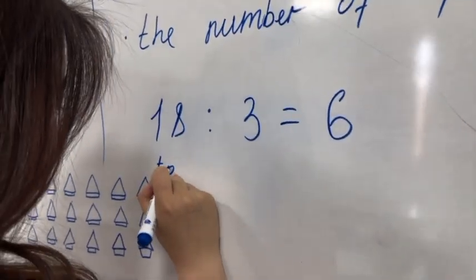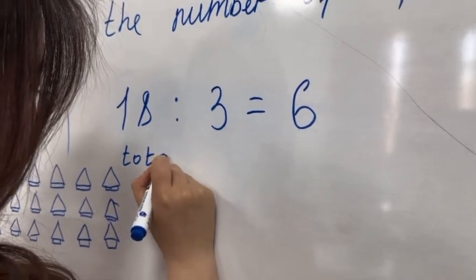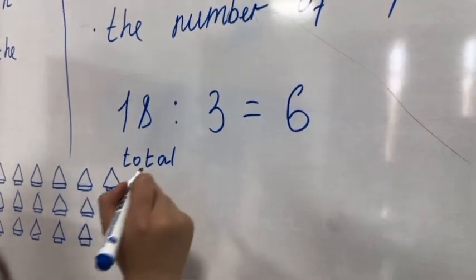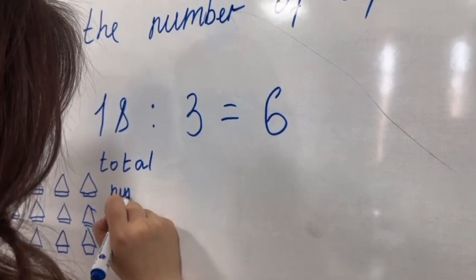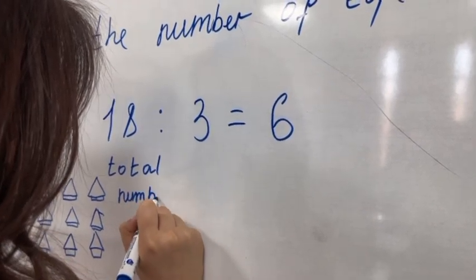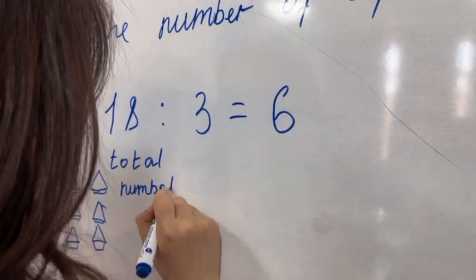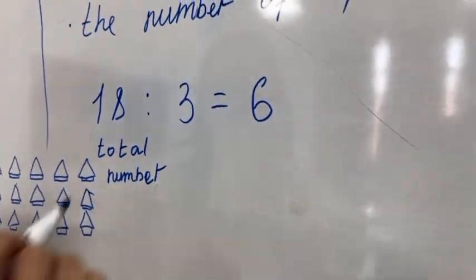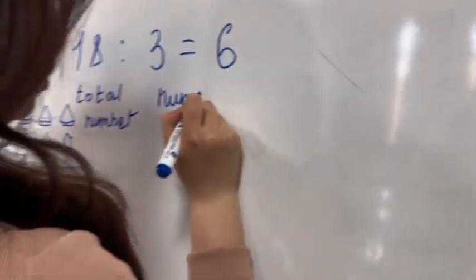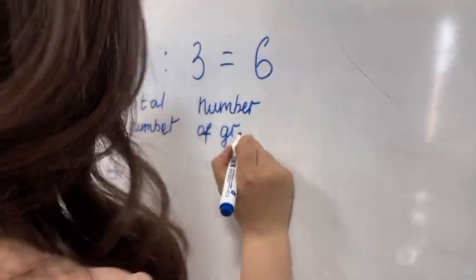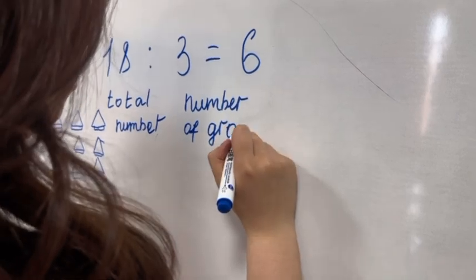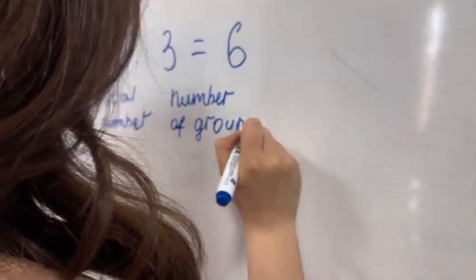Eighteen is total number. Three is number of groups. And 6 is number in each group.